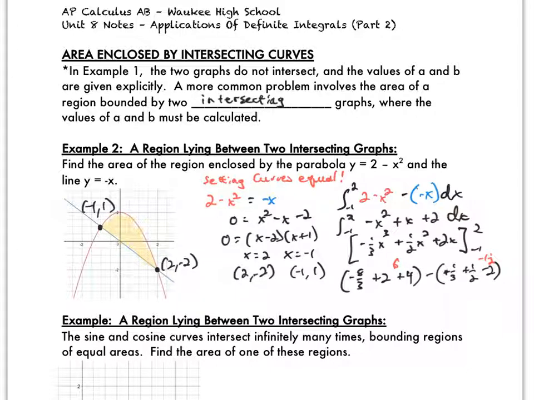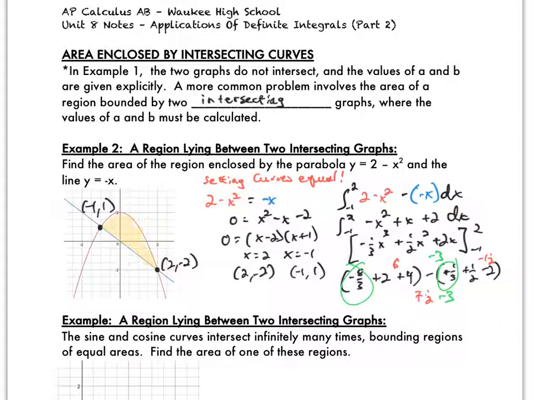So insofar as the things that I've combined in red, it looks like I'm going to have 7.5. Okay, and now I notice if I look at my fractions, my negative 8/3 and my minus 1/3, that's going to be negative 9/3, which is going to combine to negative 3.